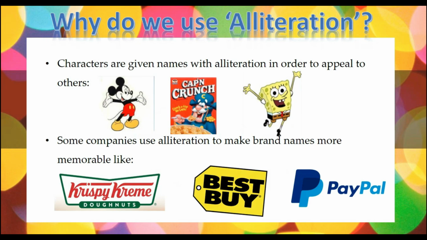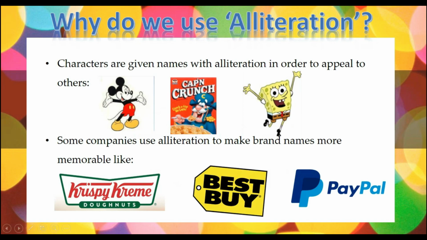What's the meaning of the word appeal to others? So the word appeal means make it very distinctive, very memorable, very beautiful, very musical. All of these are mentioned in these examples.